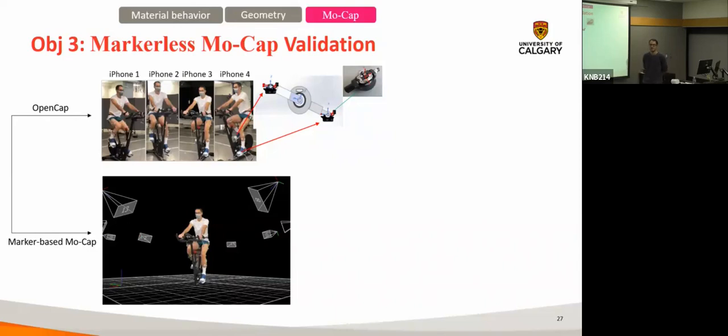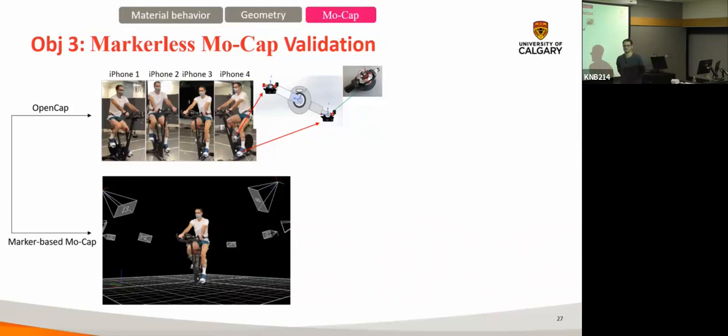You have a question? Yeah, so this OpenCap tool is just based on videos that you provide to the system, right? You don't provide any information about external forces and moments. So how does it predict joint forces and muscle forces? For kinetics, you need to have the forces, pedal forces, but for kinematics, you don't need forces. You just need the coordinates.